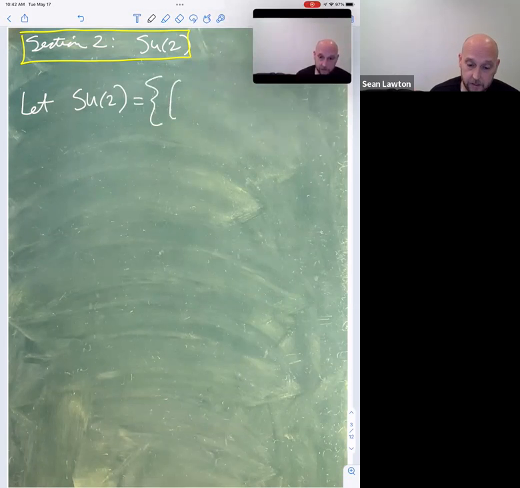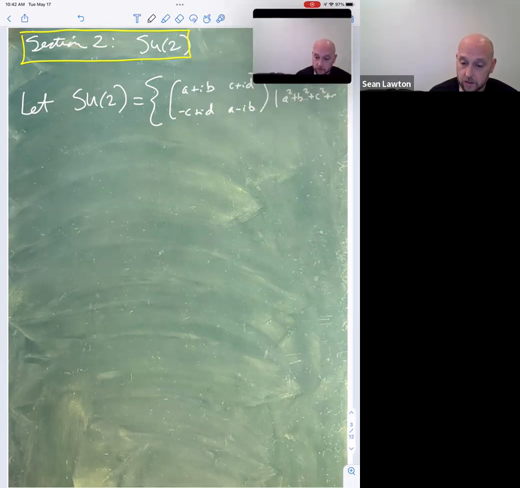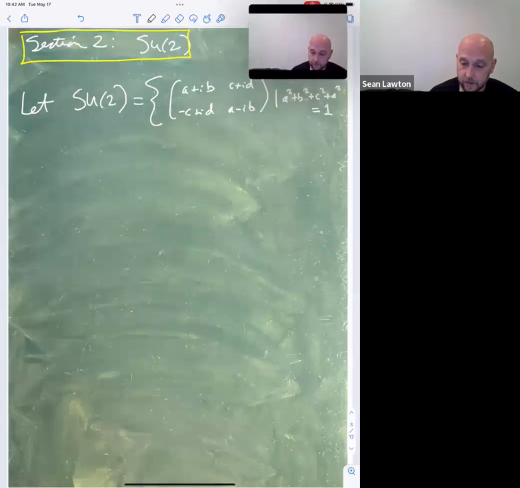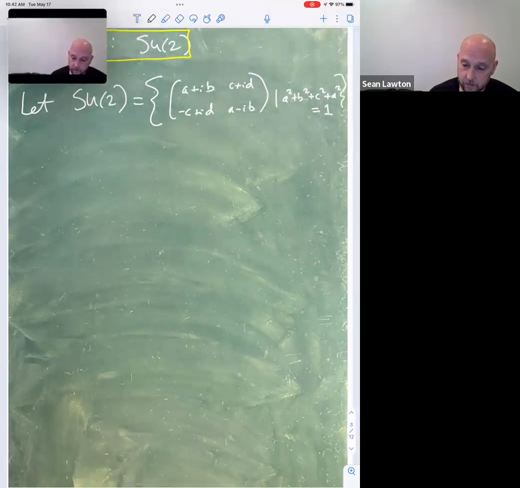Anyway, so you just take pairs of complex numbers and you arrange them into a 2x2 matrix such that the determinant, which if you write down the determinant, it's just this, equals 1. Sorry, I got the camera in the way of my iPad.